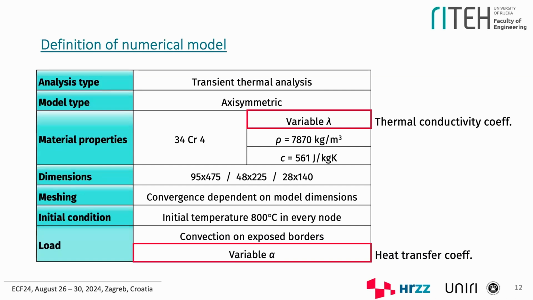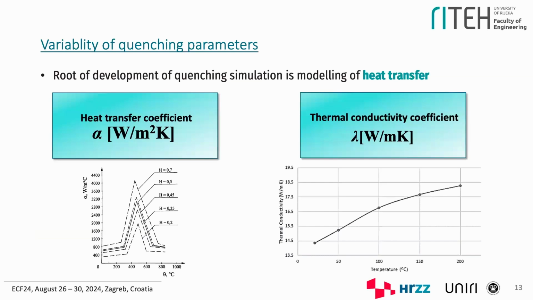This is the more complex part of this project, because both of these coefficients are crucial and the root of development of a quenching simulation, but both of them are temperature dependent, and they vary a lot depending on temperature rises and downs. And as we know, in quenching we have a lot of temperature fluctuations.